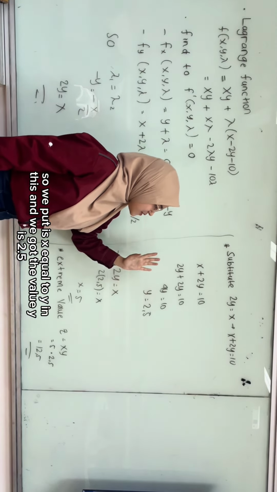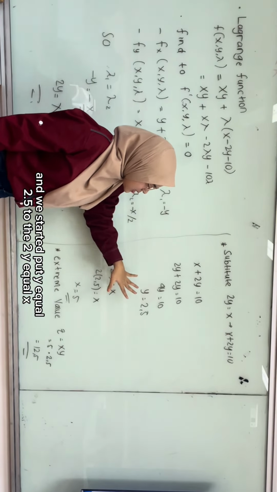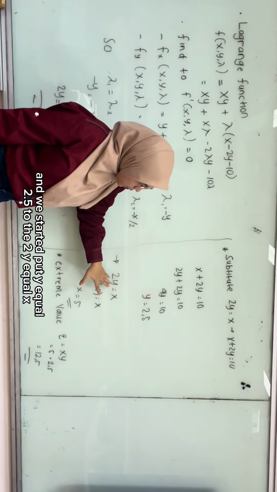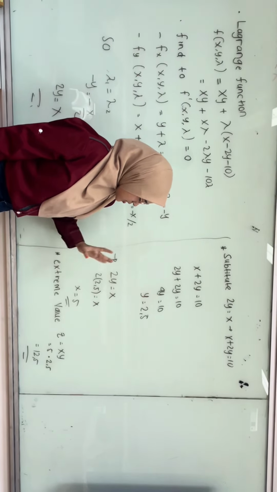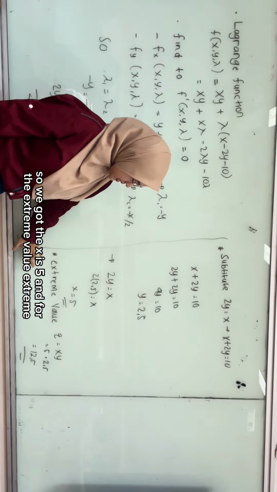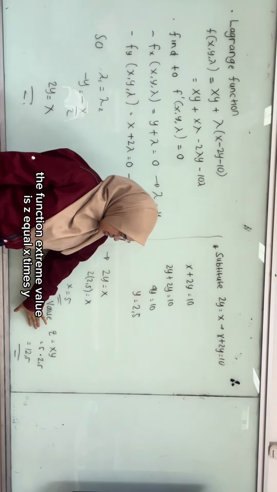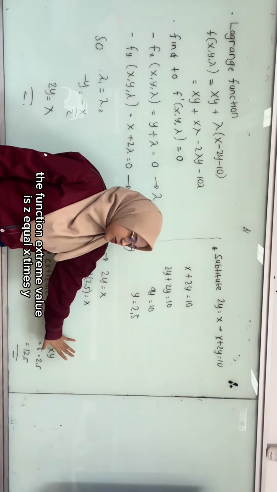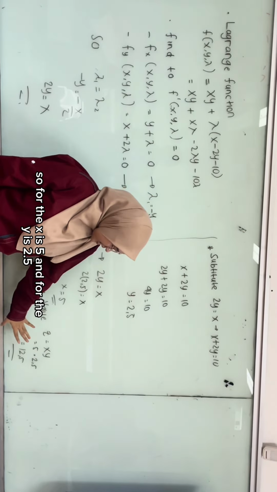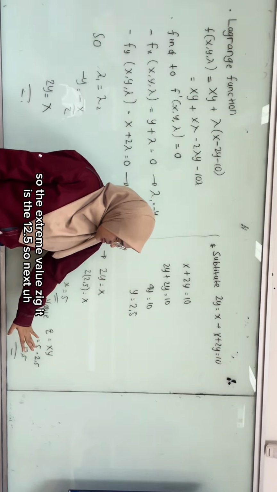We got the value y is 2.5, and we substitute y into x equals 2y, so we got x is 5. The extreme value of the function is z equals x times y, with x is 5 and y is 2.5, so the extreme value z is 12.5.